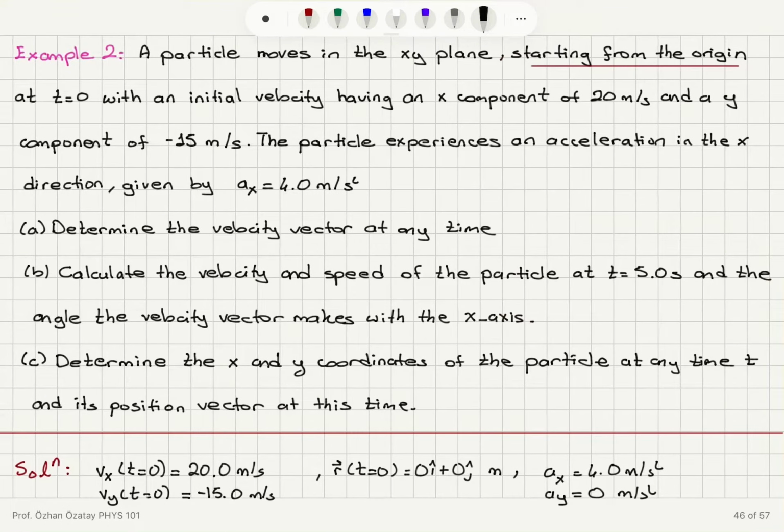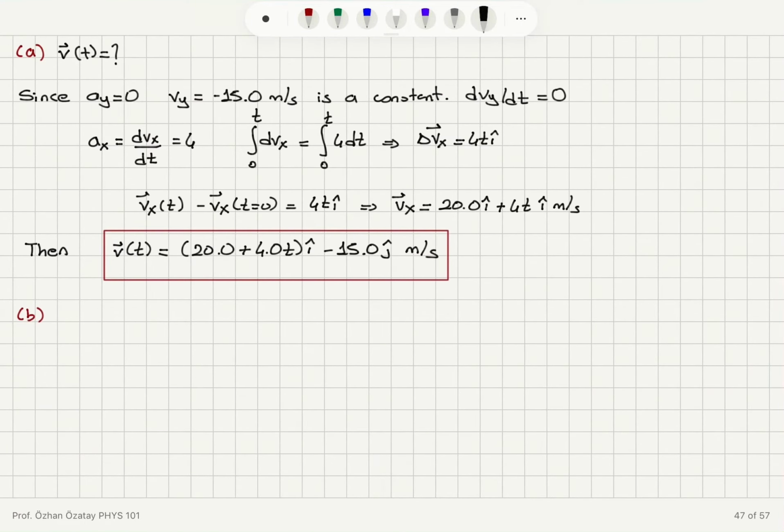Part B. Now I want to know the velocity and speed at t equals 5.0 seconds, and the angle with the x-axis. If I know velocity as a function of time, I can just evaluate it at t equals 5.0 seconds. That gives me (20.0 plus 4 times 5) i hat minus 15.0 j hat.